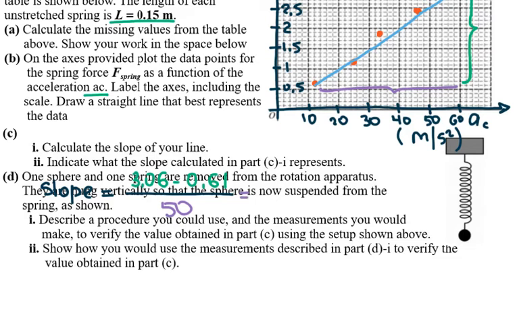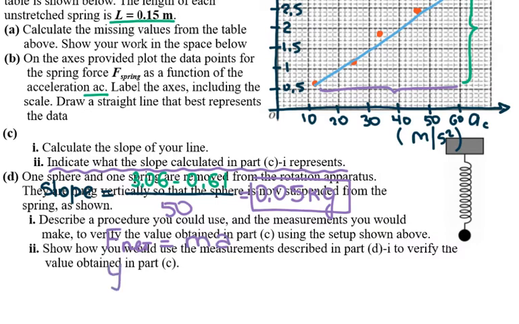So the slope is equal to 0.05 kilogram. How do I know it's going to be kilogram? This is what they ask me: what does the slope mean? I know that F net is equal to mass times acceleration.